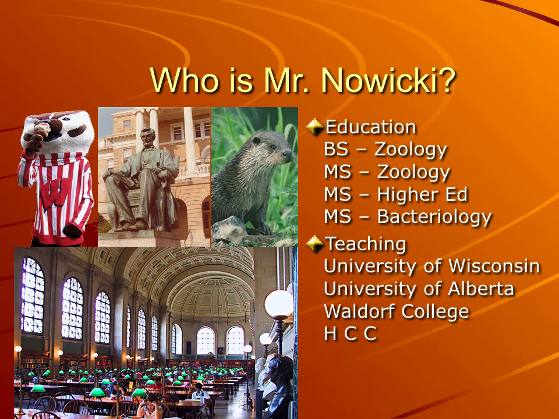I should tell you a little bit about myself. I'm Mr. Nowicki, Alan Nowicki, and I have a bachelor's degree and 3 master's degrees, all related to human anatomy and physiology in one way or another. I grew up in Wisconsin, and I attended the University of Wisconsin at Madison. So there's Bucky Badger there in the upper left.